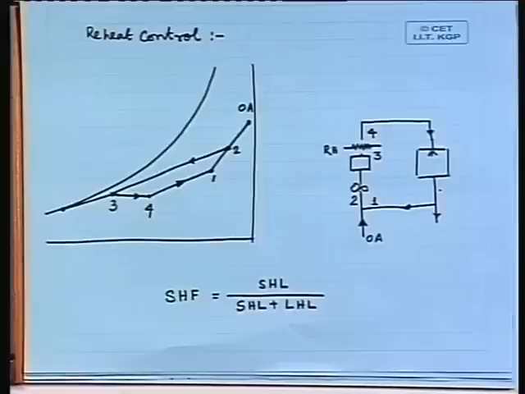Now, for all the processes there is some permissible value of sensible heat factor, but our latent heat load is so large that it is lowering it below the permissible level of sensible heat factor. Then artificially I have to bring the sensible heat factor to the acceptable value. So, what can I do? I can introduce artificially some amount of sensible heating. That is what is done by the reheating process.